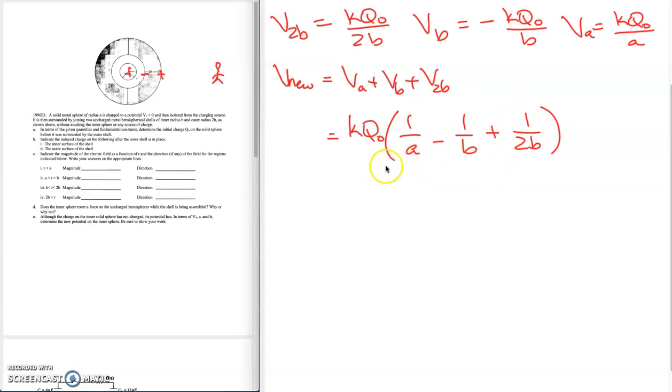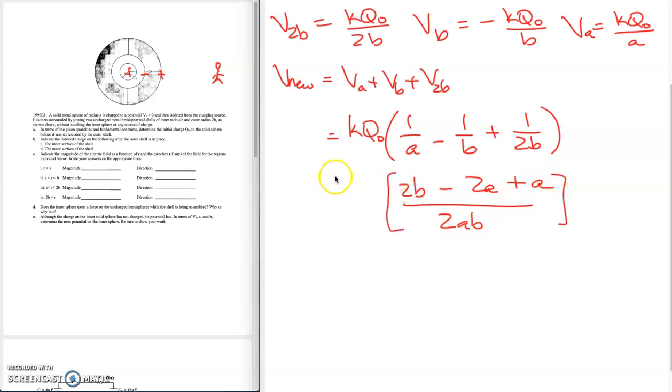And now we just have to multiply things. This guy gets multiplied by a 2B, this guy gets multiplied by a 2A, and that guy gets multiplied by an A. And then the whole denominator is 2AB, and is multiplied by K Q naught.